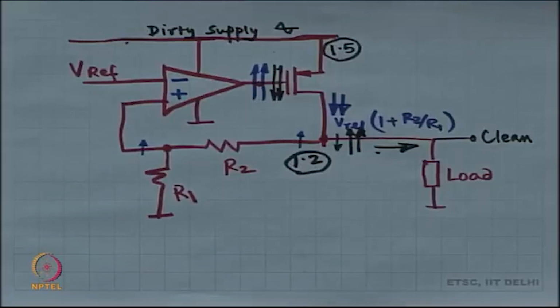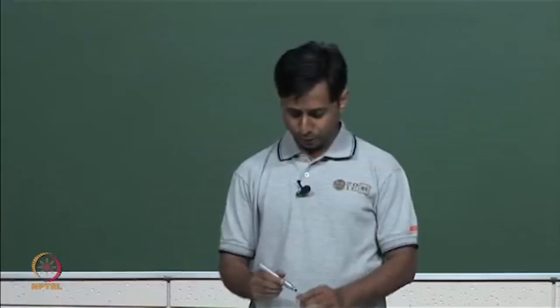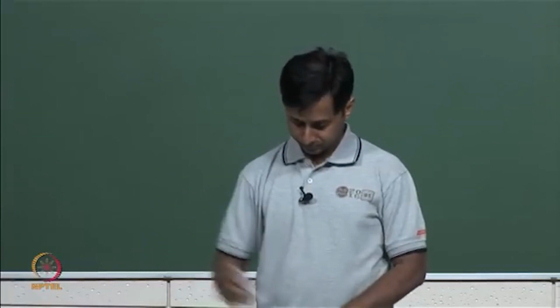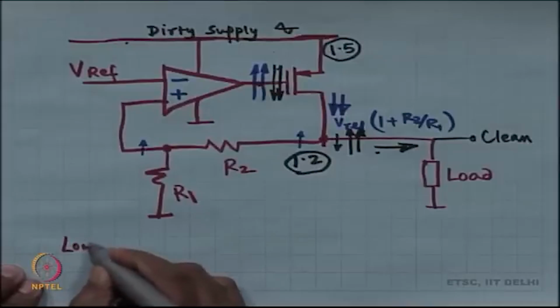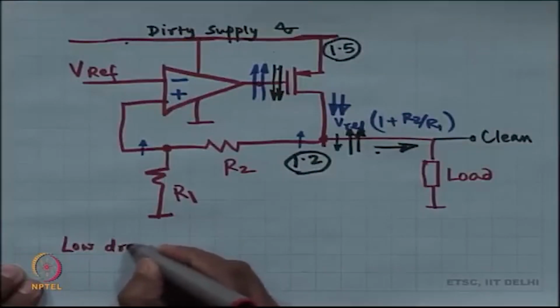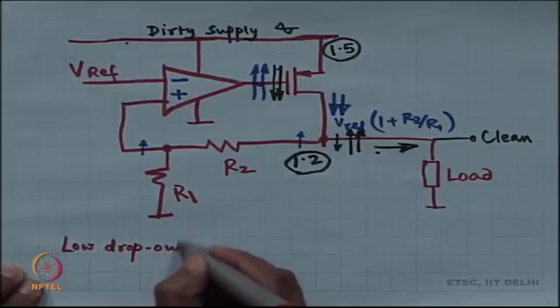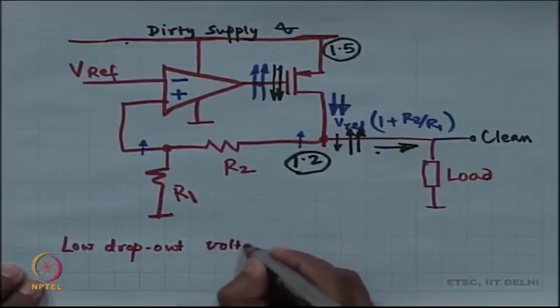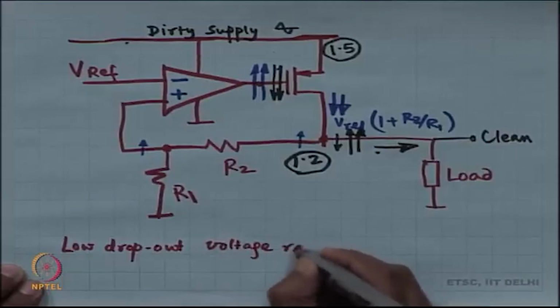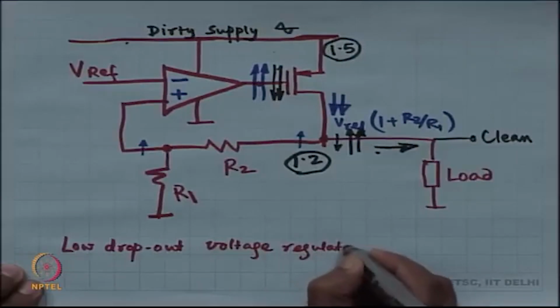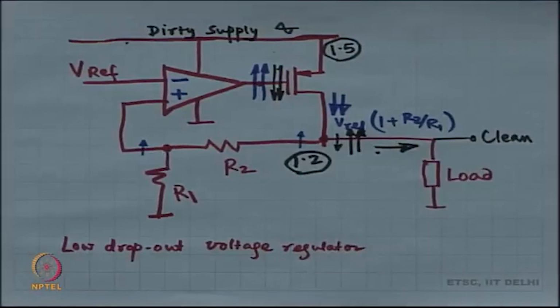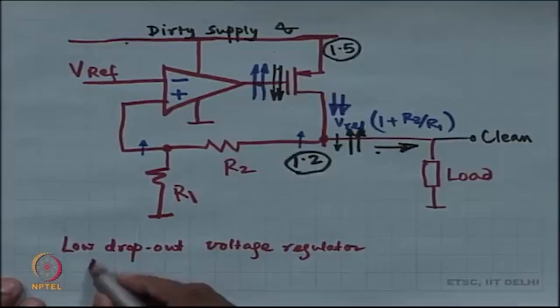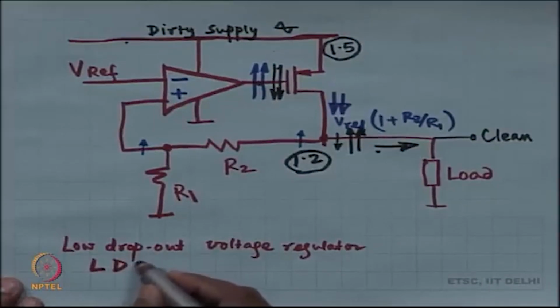Okay. So, this kind of a voltage regulator, this is not the classical one. So, this is called a low dropout voltage regulator. And a lot of people refer to this as an LDO.